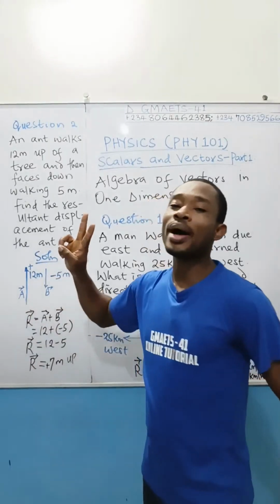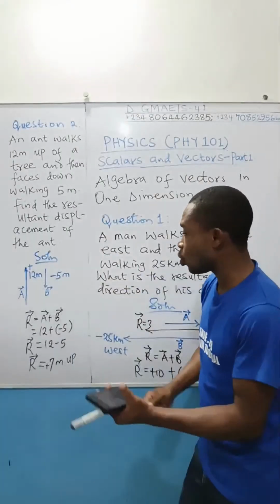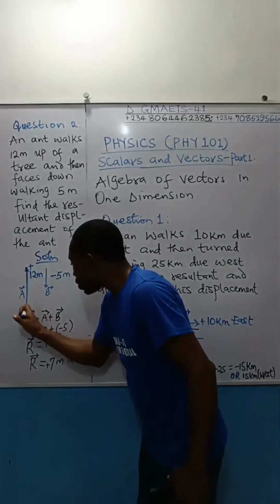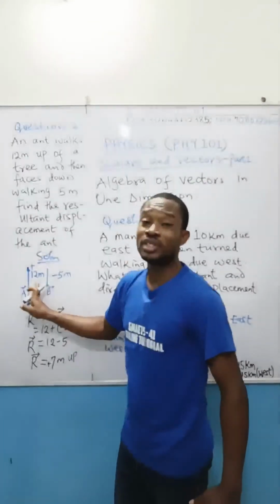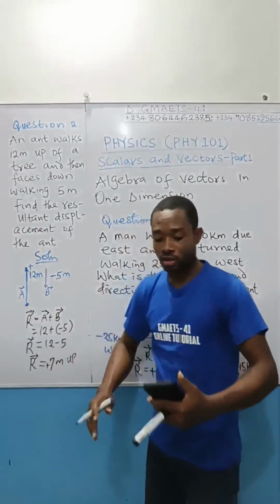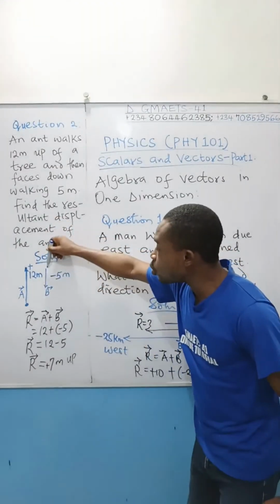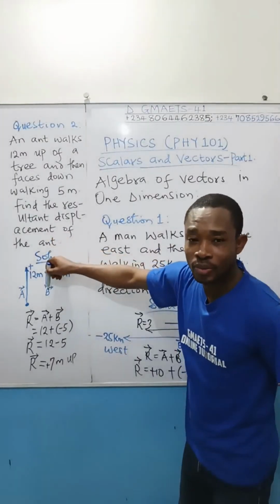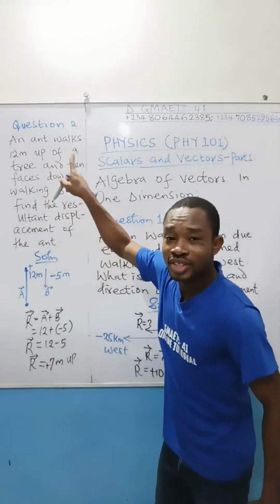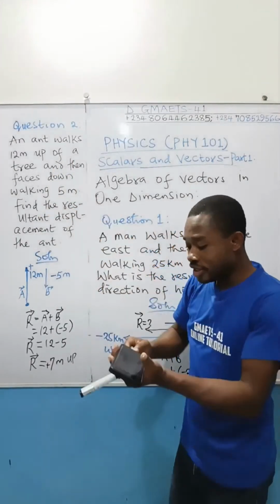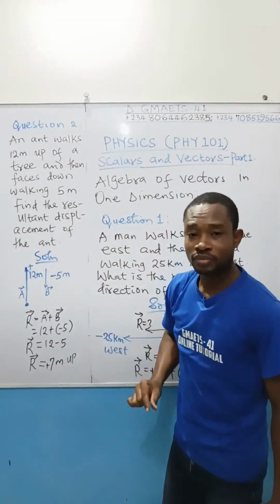And then reason number two, let me show you clearly that this thing is actually positive. Watch. The ant supposedly started its motion from here because this is the beginning part covering 12 meter up. Now watch. When the ant now turned facing down, it walked only 5 meter down. So the ant is still within the upward direction, within the displacement of the upward.